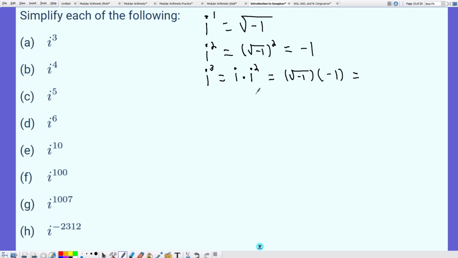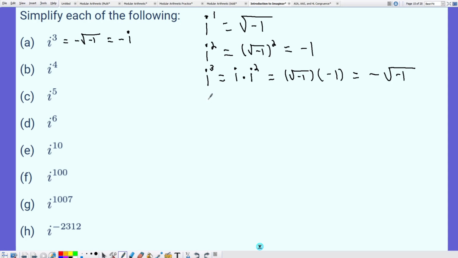Multiplying this together, negative 1 times the square root of negative 1 is negative square root of negative 1. A little weird, but okay. We could also think of this as just negative i, because we could simplify this as i, but we would have to leave the negative in the front.